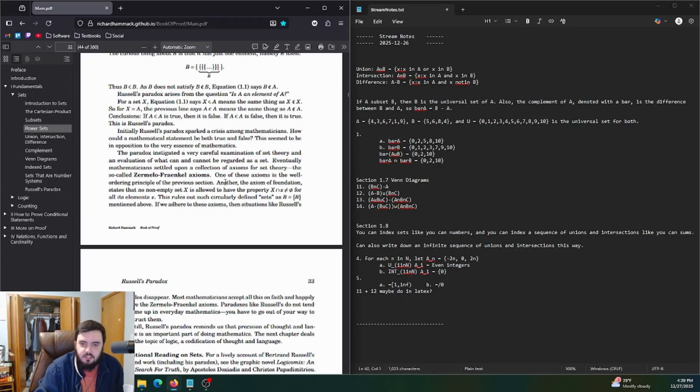Another, the axiom of foundation, states that no non-empty set X is allowed to have the property X intersect an element of itself not equal to the empty set. Wait, hold on. X intersecting an element.